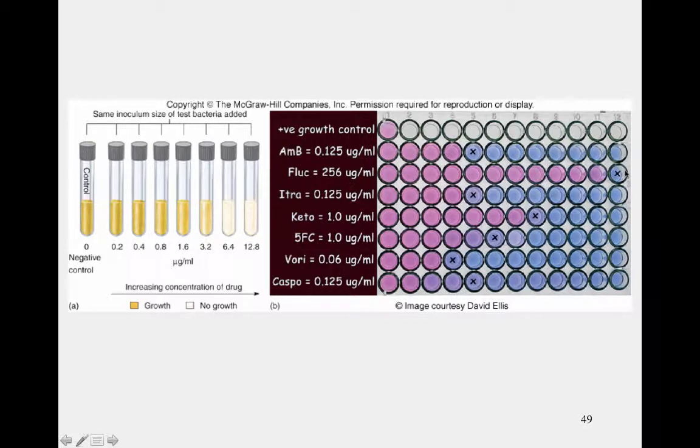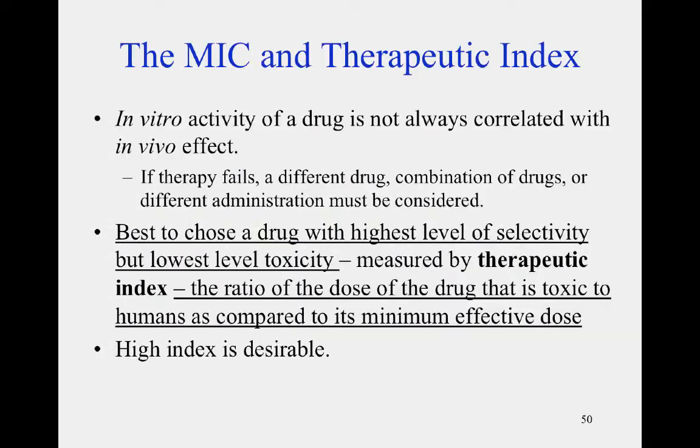And then it takes a much higher amount of this drug to actually see inhibition. So this is good to determine how much of the drug is required, and also which one would be effective as well. So remember, in vitro activity, what works in a petri dish may not necessarily work in a human. So this is kind of experimental. This is why it's called practicing medicine. Sometimes you don't know if these things are going to work.